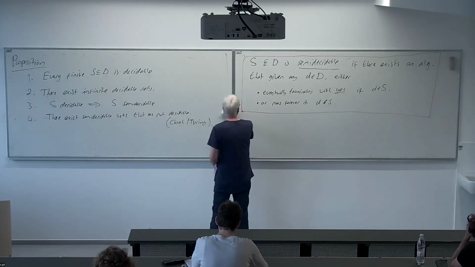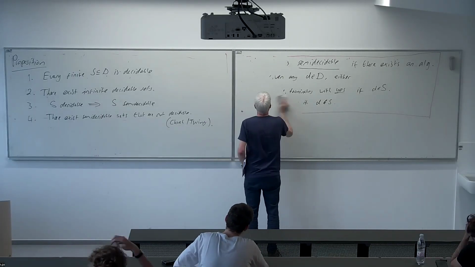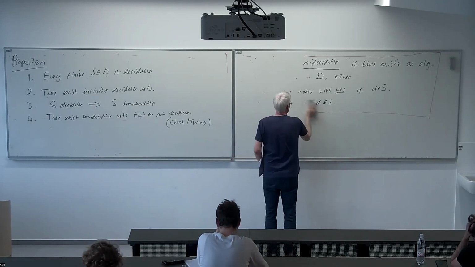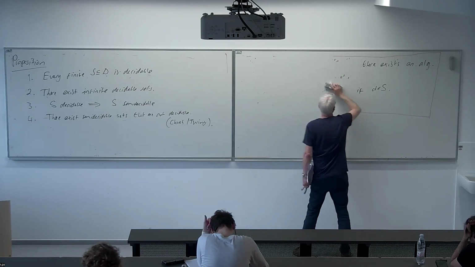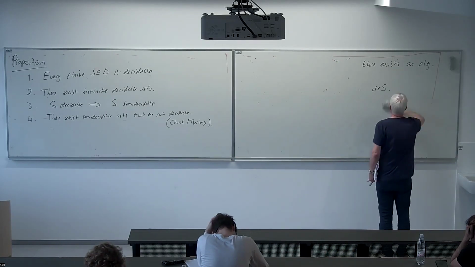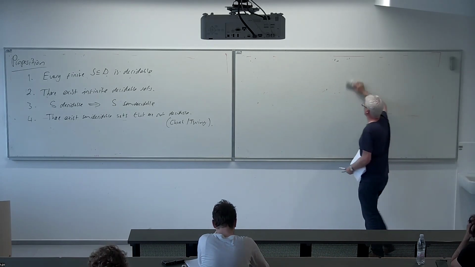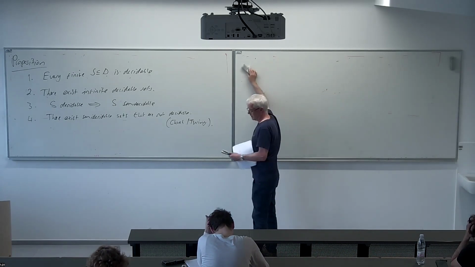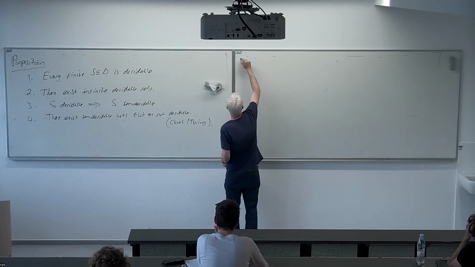So something we will use is the following result that tells us when a semi-decidable set is decidable. It characterizes exactly when a semi-decidable set is decidable and in a useful way. So this is another proposition.